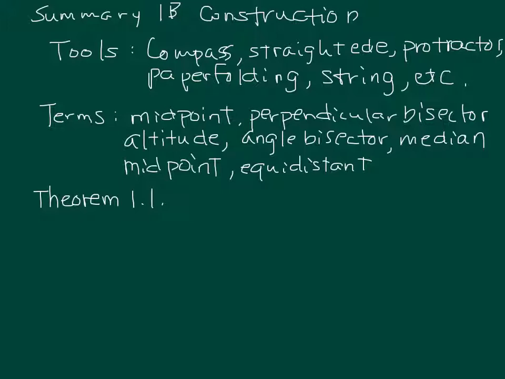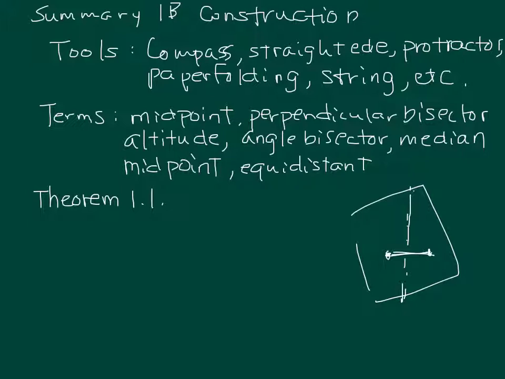And also, if you have a paper and you draw a segment, and you fold it so that this dot lands on top of this dot, then that fold line will be the perpendicular bisector of this segment, although it doesn't look like it, but it should be.